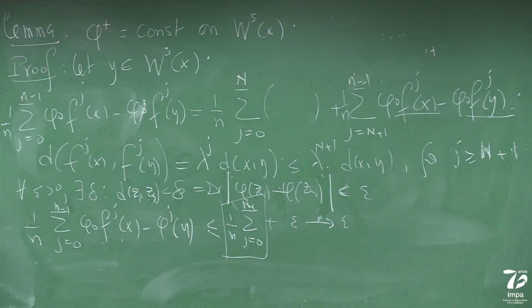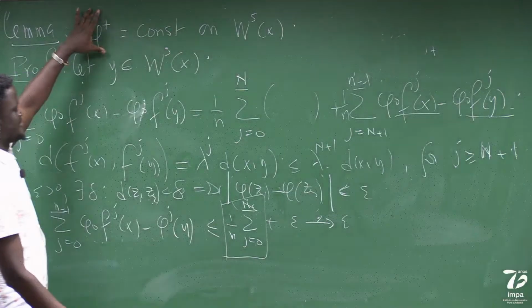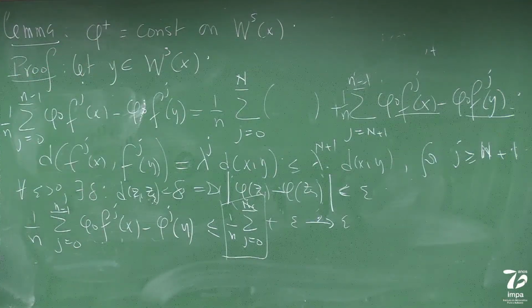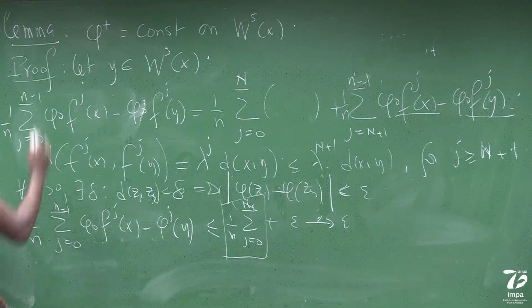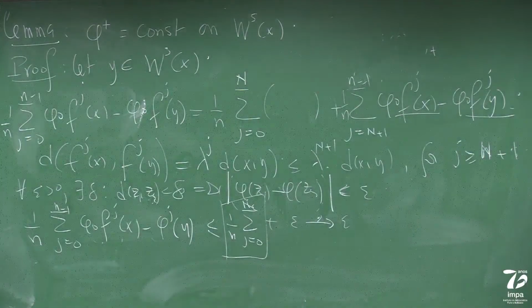So this is really the main part of the Hopf argument. Points in the future, you can think of them as just one point. All the stable manifold, you can just think of it as one point when you're looking at evaluation on a continuous potential. And similarly, phi minus is also constant on unstable manifolds.